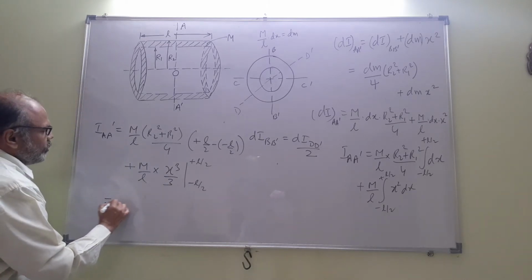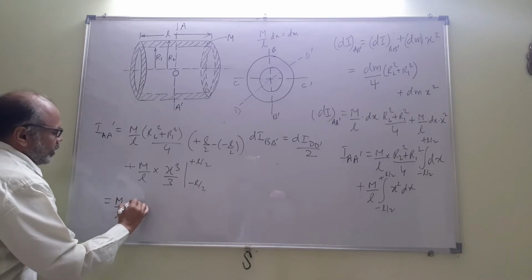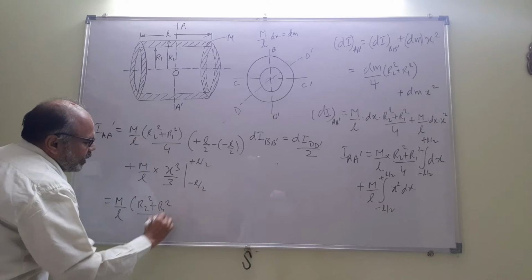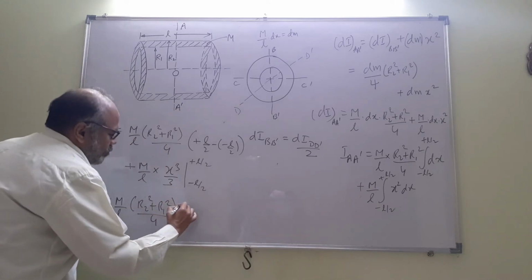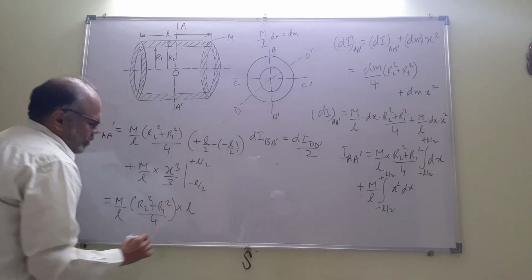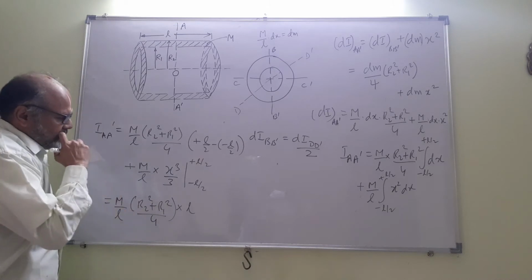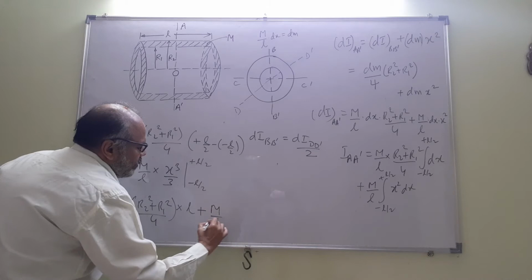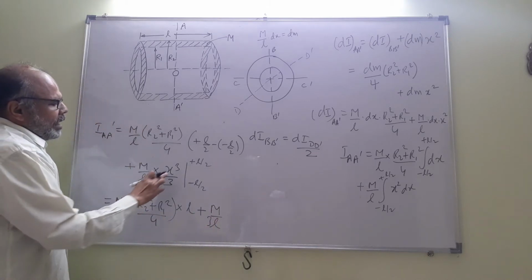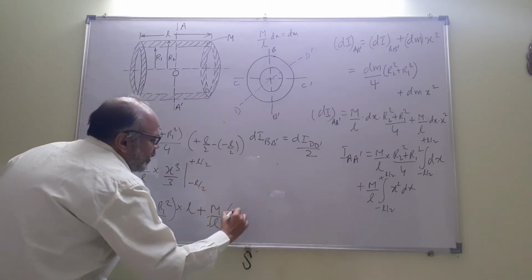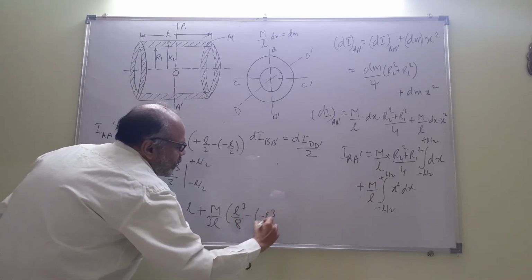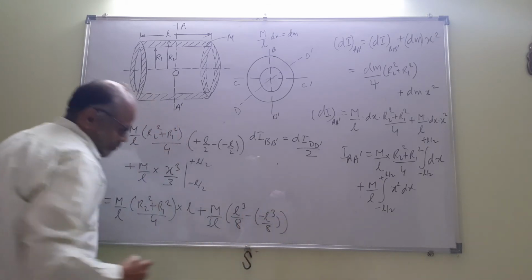So this is going to be m by L into r2 squared plus r1 squared by 4 into L. The L will cancel, and you will have here m by 3L, and for x cube you will have L cube by 8 minus L cube by 8.